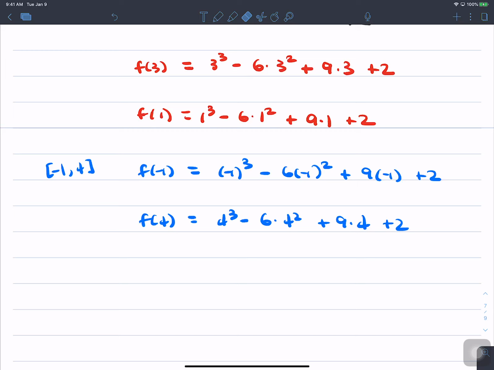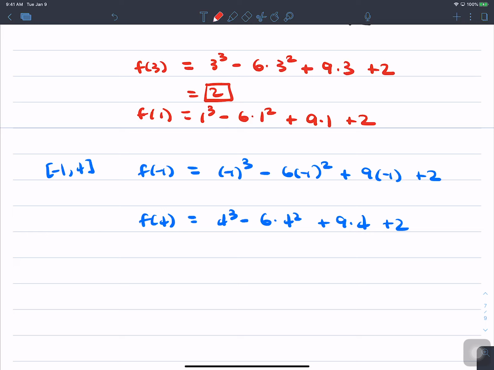And we have 3 raised to the 3rd power minus 6 times 3 squared plus 9 times 3 plus 2. And this value is 2. So f of 3 equals 2.